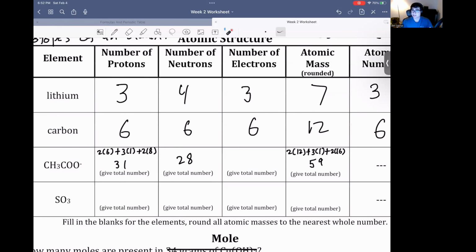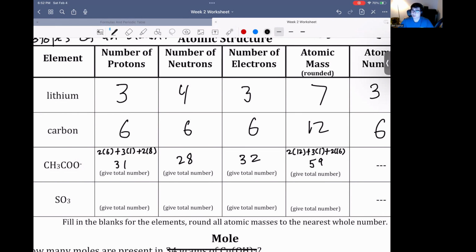Protons are positively charged, with a charge of +1 relative to electrons, which is -1. So if this has a charge of -1, I have one more electron than proton, which means I have 32 electrons. If this was a plus instead, your positive ions will have one less electron than the number of protons.